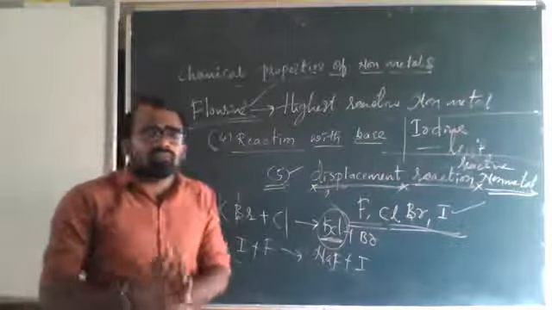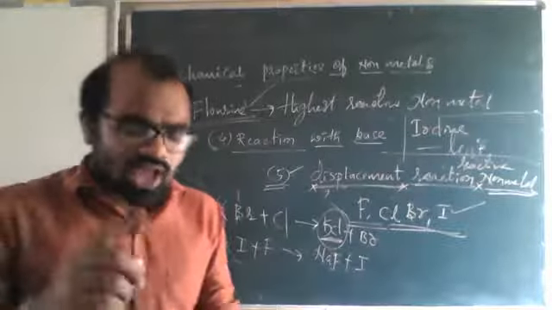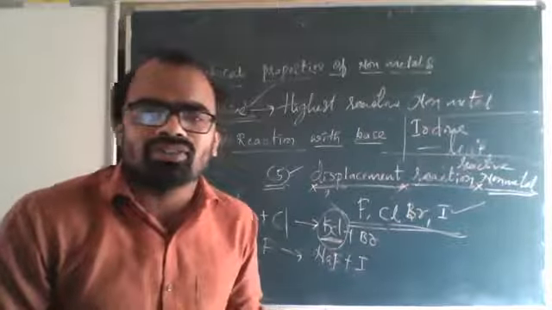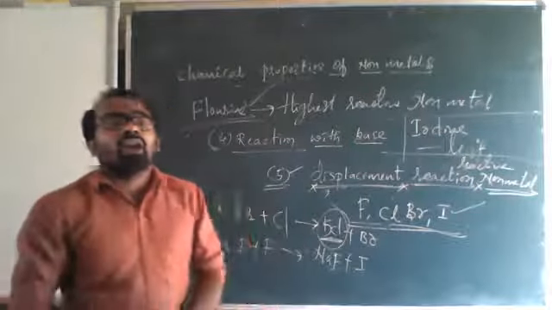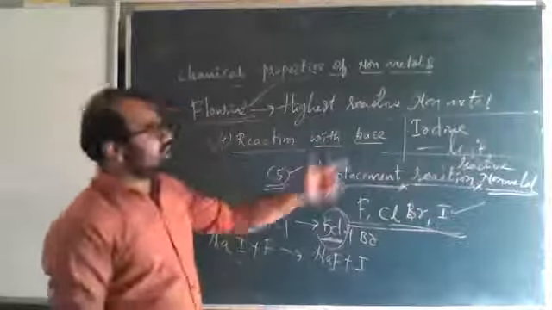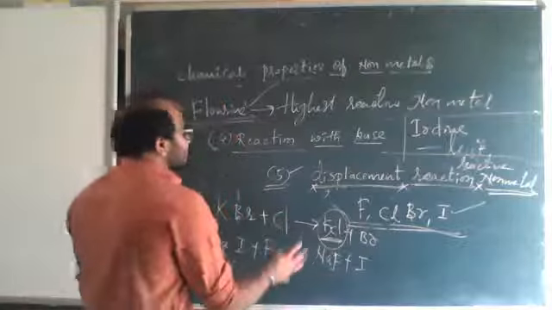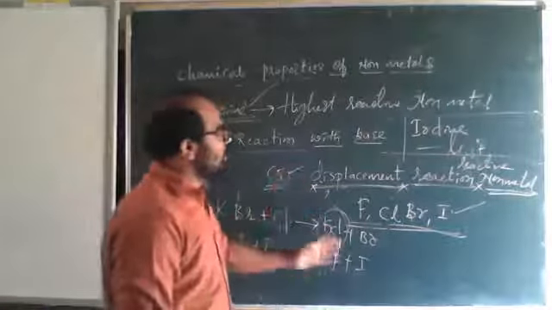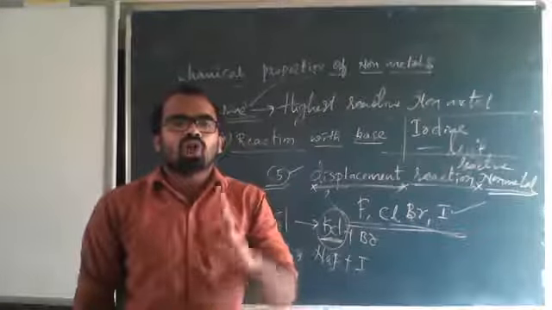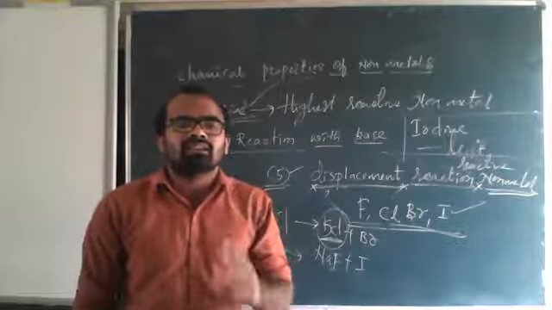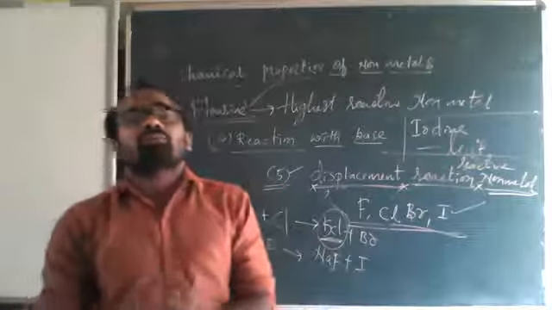This question will be definitely asked. You have to remember this. Which is the highest reactive non-metal, which is the lowest reactive non-metal? Fluorine is the highest reactive non-metal and iodine is the least reactive non-metal. And remember only these four: fluorine, chlorine, bromine, iodine. Only these four non-metals show the displacement reaction. Others will not show. So these are the chemical properties of non-metals.